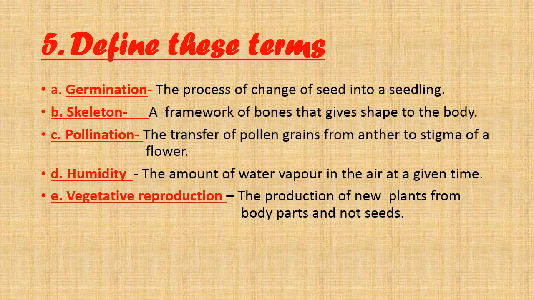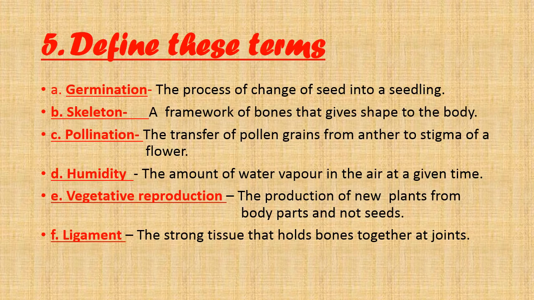I already told you that most plants reproduce from seeds, but a few plants reproduce either from their spores or their body parts, not from seeds. Body parts like root, stem or leaves. So if a new plant is produced from body parts, that production will be called vegetative reproduction. If a new plant comes from seeds, it will not be called vegetative reproduction.